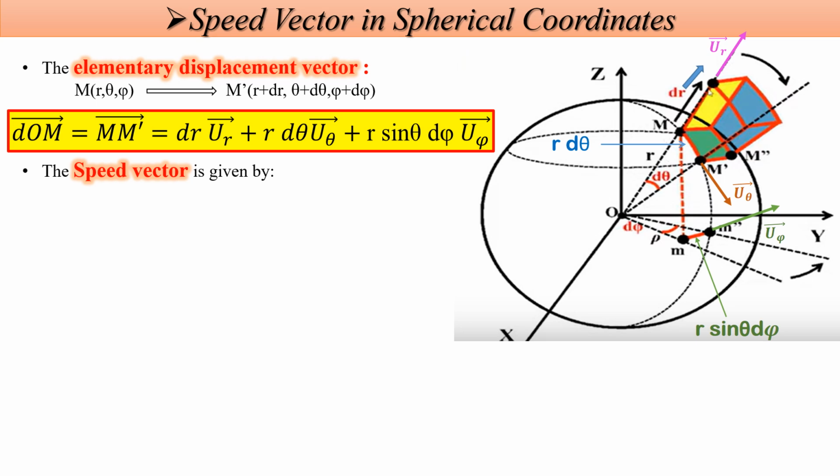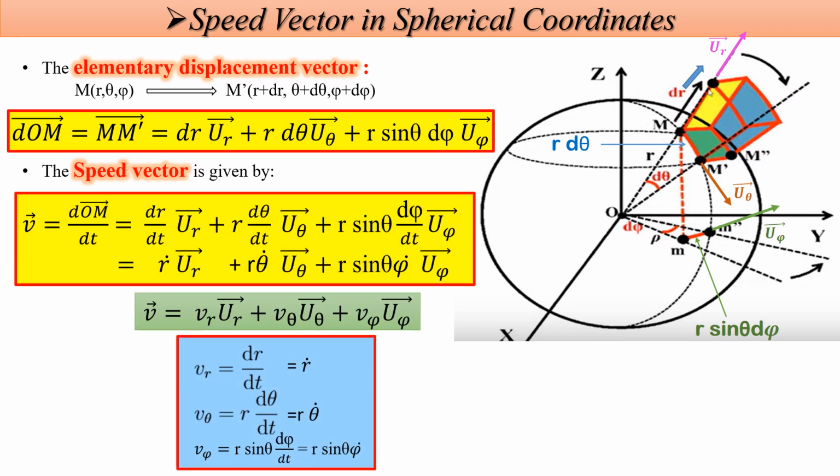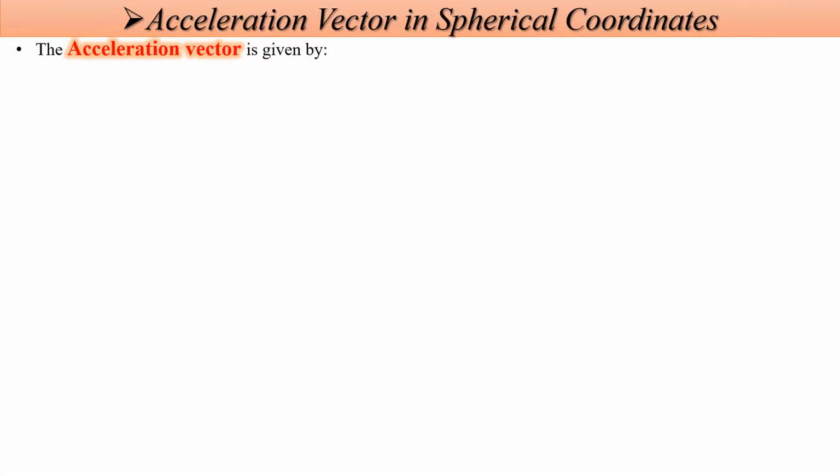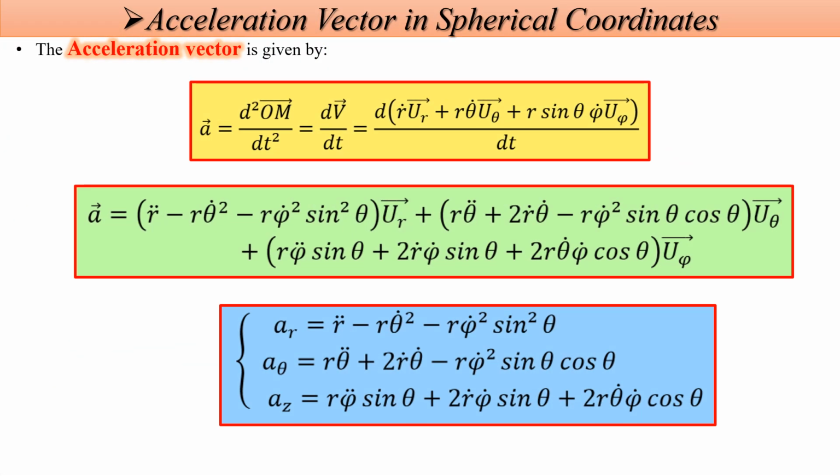The same thing, speed vector, first derivative of the position vector. Position vector is given by this formula.